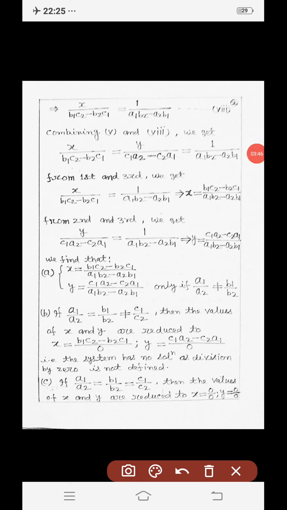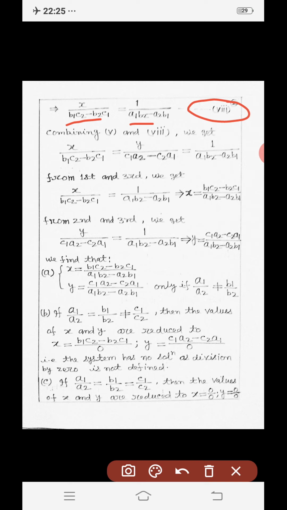This implies that x by (b1 c2 minus b2 c1) equal to 1 by (a1 b2 minus a2 b1). This is equation number 8.